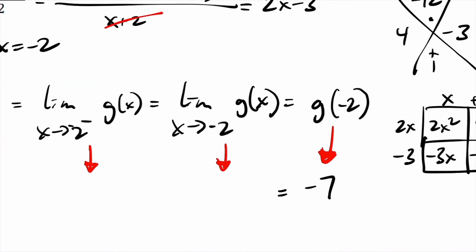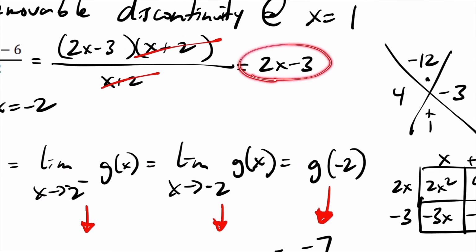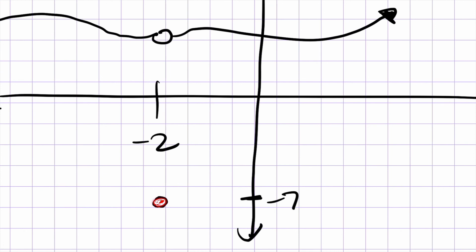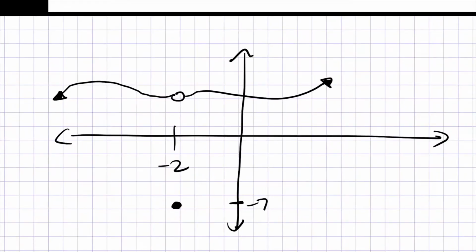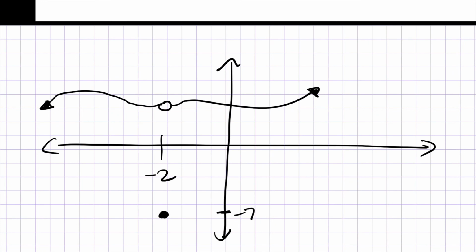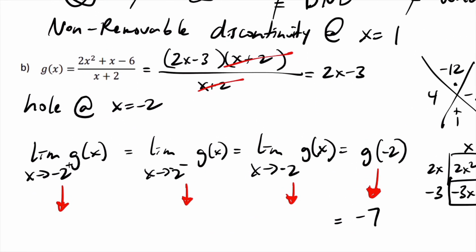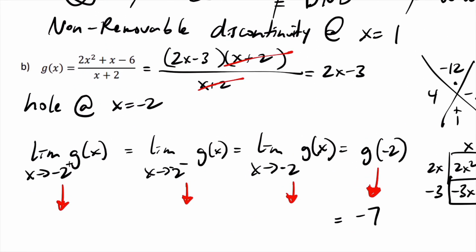And if I plug in -2 over here, great, but that's not going to be the limit. That's just the solution. So how do I figure out the rest? That's my question. How do I figure out where it's approaching?